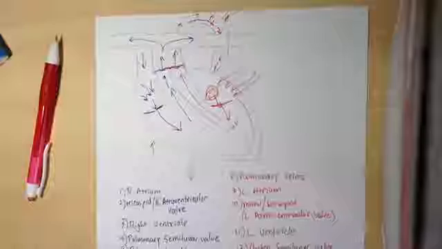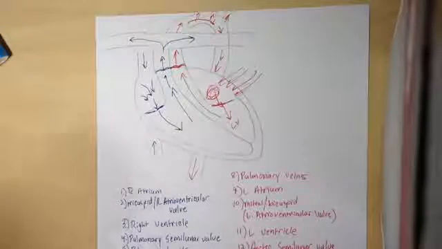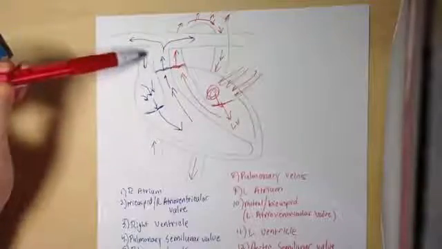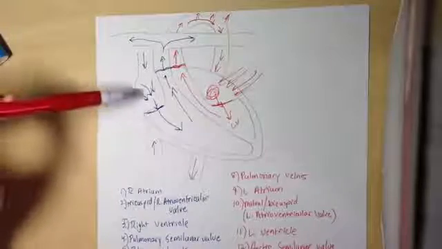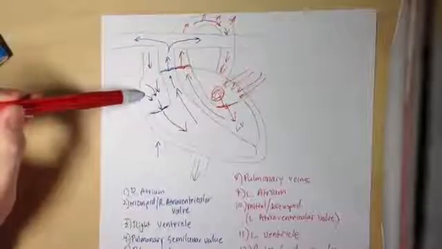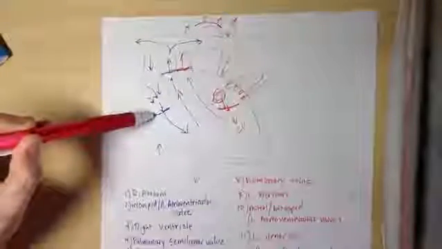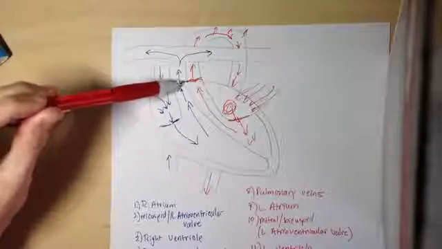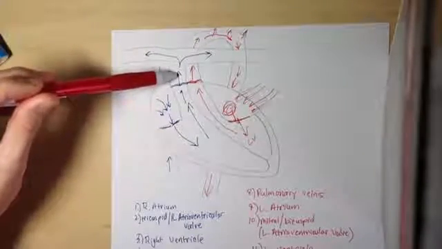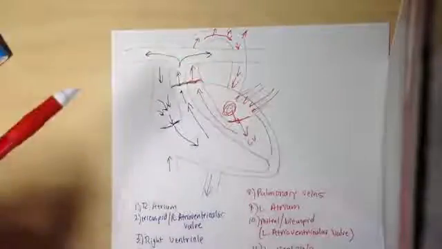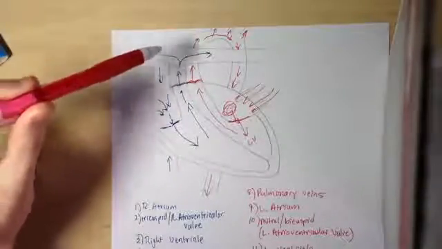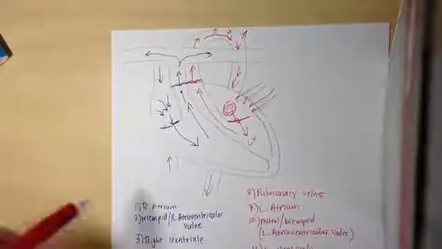Again, just to recap really quickly, blood coming in from the superior and inferior vena cava into the right atrium, through the atrioventricular valve, which is again the right atrioventricular valve, into the right ventricle, through the pulmonary semilunar valve, to the pulmonary trunk, left and right pulmonary arteries. Then blood goes to the lungs.